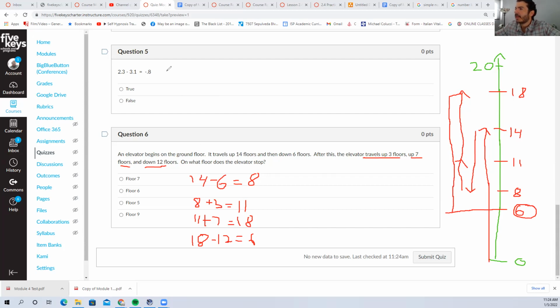I could have said 14 plus a negative 6 plus 3 plus 7 plus a negative 12.